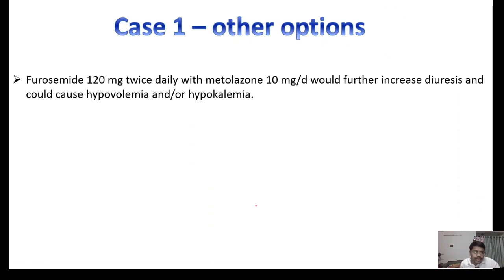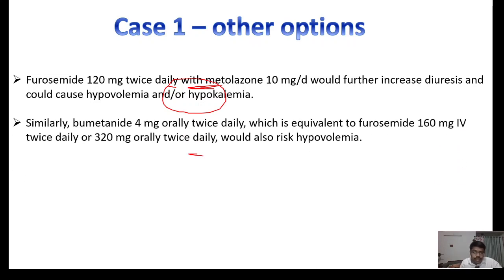What about the other option? Furosemide 120 milligram twice daily with metolazone. If we give that, the patient might go into hypovolemia or some electrolyte abnormality can happen. Many a time, because of hypovolemia, the patient might go into AKI.